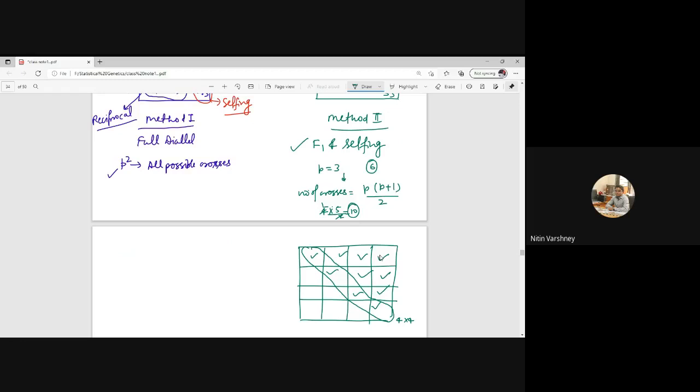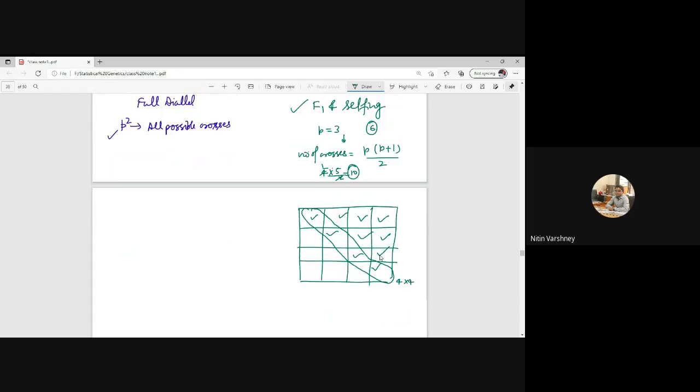So 10 crosses are there. Got it? So this is regarding method 2 of Griffing. F1 and selfing are considered in method 2, and the number of crosses is P into P plus 1 by 2. Now method 3.